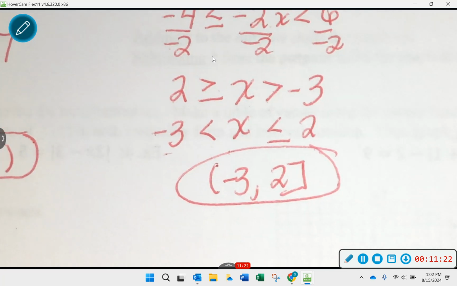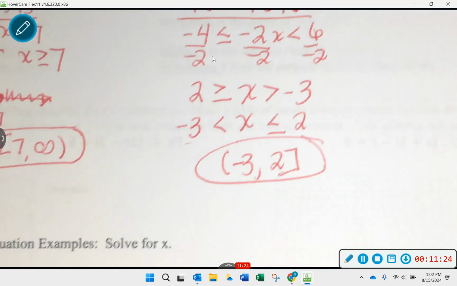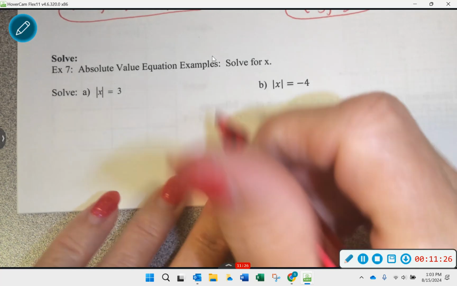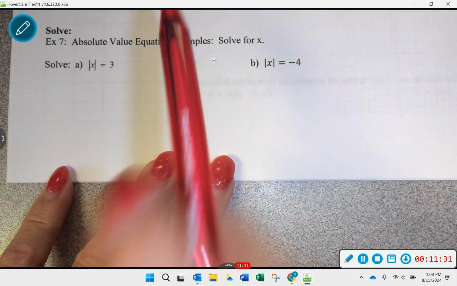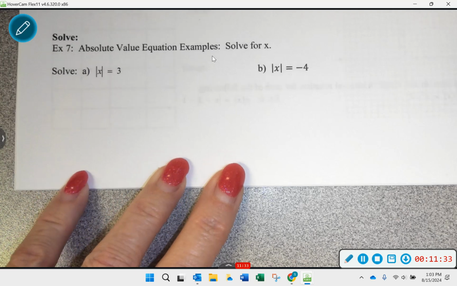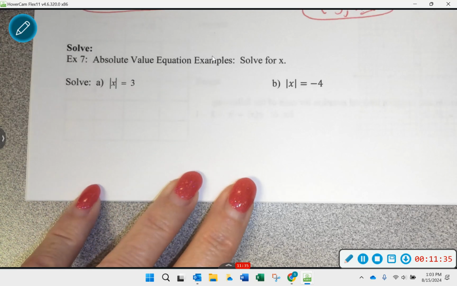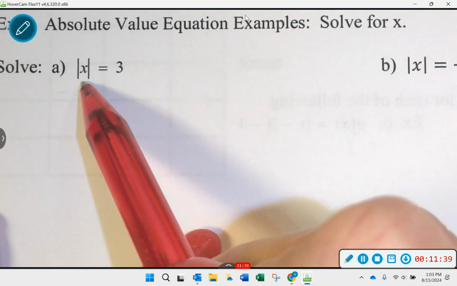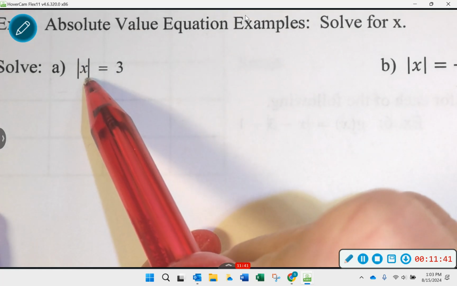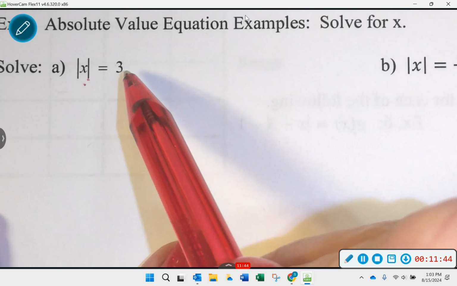We're going to switch gears now. We're going to go to absolute value. All right, it says absolute value examples, and these are equations. These are not inequalities. So it's not like we're trying to write this in interval notation. This is saying the absolute value of what number or numbers would equal 3.